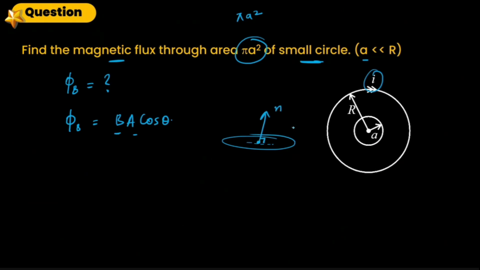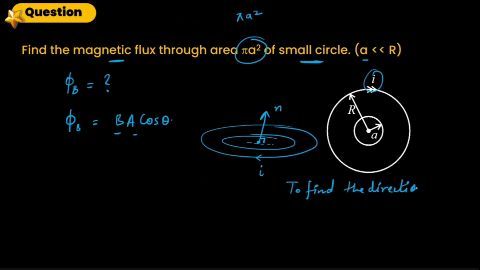Whereas the outer circle has some current I flowing through it. If we try to find the direction of the magnetic field due to this outer current carrying loop, we will use the right hand thumb rule, which we saw in the last class, to find the direction of the field due to a current carrying loop.